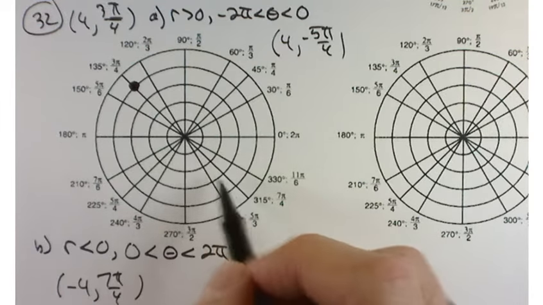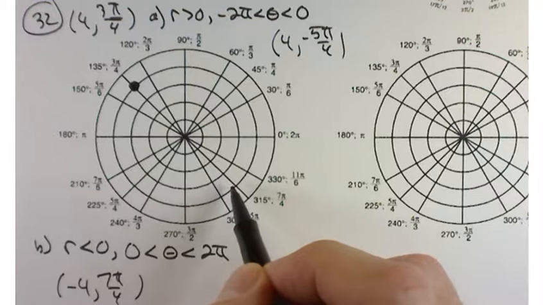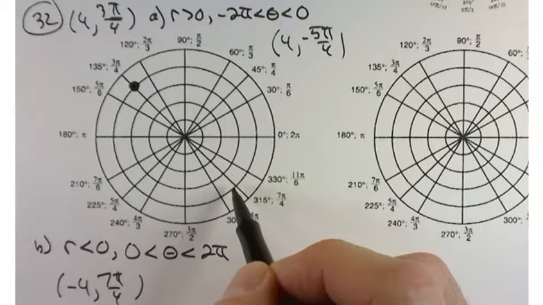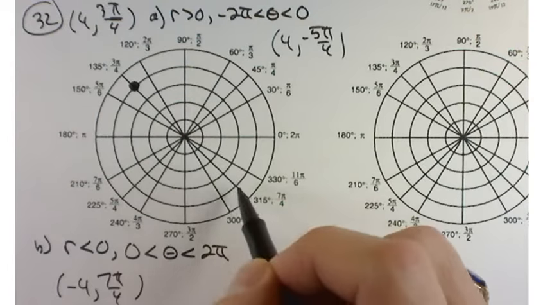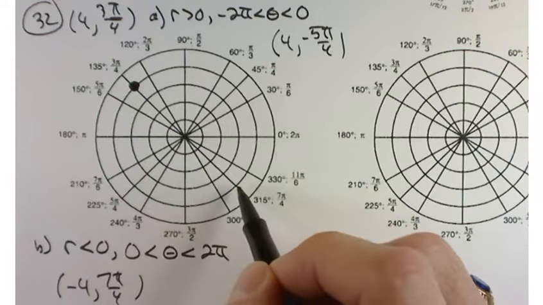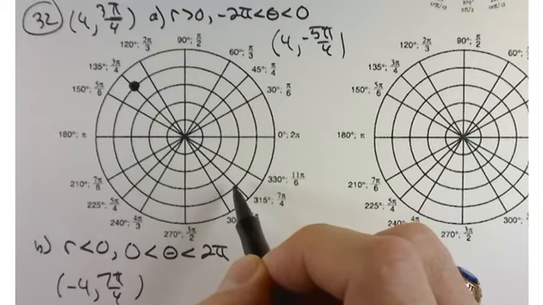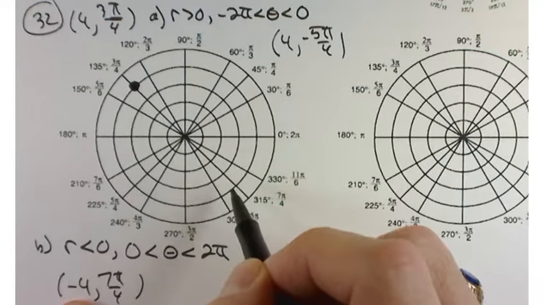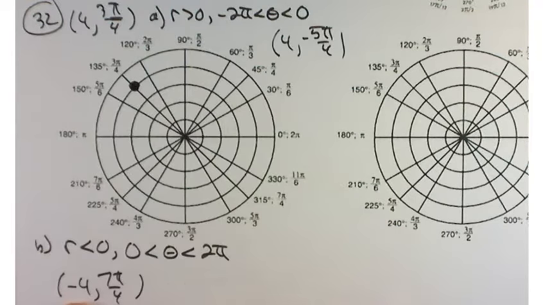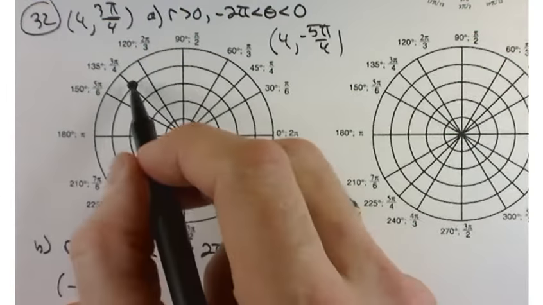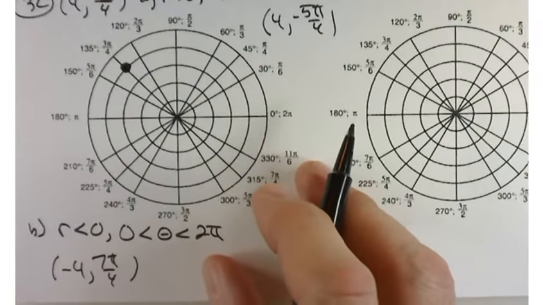Accounting for the negative means just effectively moving 180 degrees, or an angle of pi. You're moving directly through the origin. You're reflecting through here. So my angle had to put me here so that when I account for the negative radius, I end up here. So that angle was 7 pi over 4. And with a negative radius, you have no choice. It's going to be negative 4.